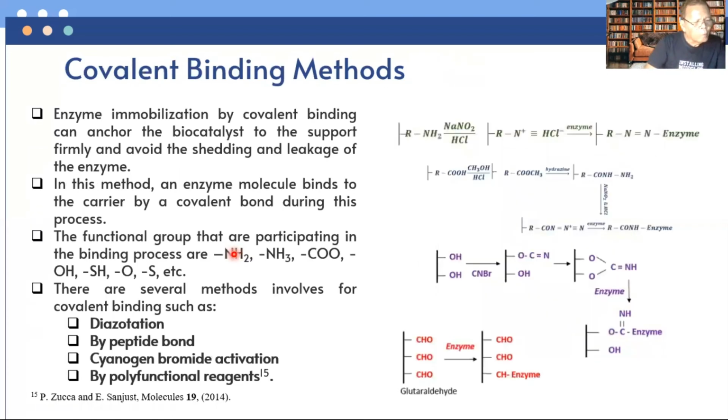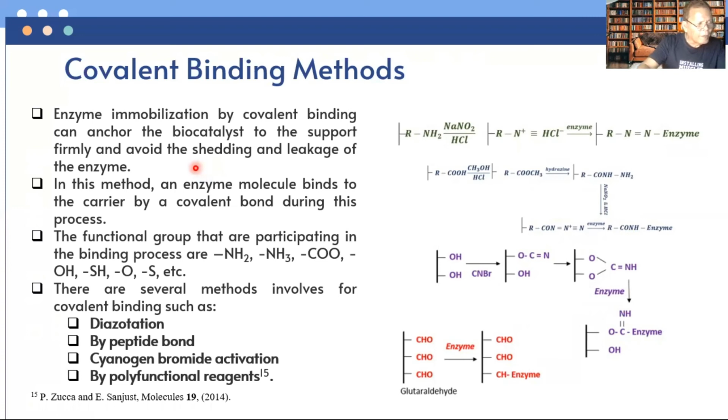Now let's move to the covalent binding method. Enzyme immobilization by covalent binding can bind the biocatalyst to the support firmly and avoid leaching and decay of the enzyme.